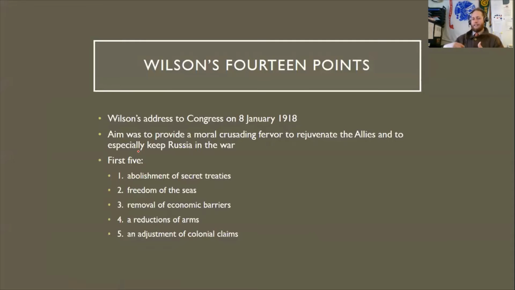And if you think back to some of the causes of World War I, we have several of these being addressed. So if we're looking at some of the causes, we have militarism, which is being addressed with bullet point 4. And we also have colonialism, which is being addressed with number 5.